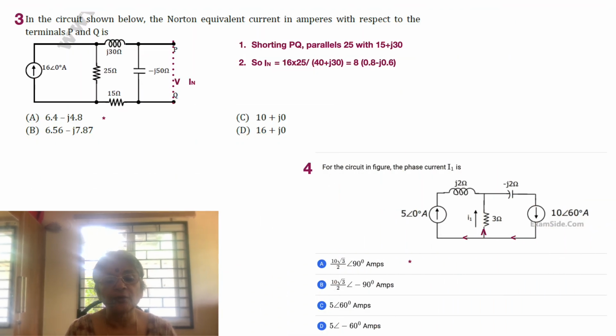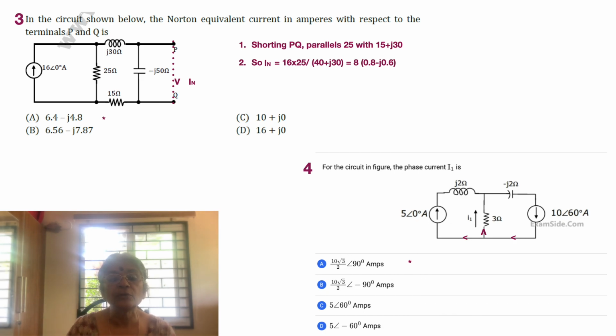But of course, we don't have to go for that at all. We just have to find that this gives rise to a division of current into rectangular coordinates, where the current is equal to 16 into 25 divided by 50, because 40 and 30 will give you 50, which is equal to 8 ampere.